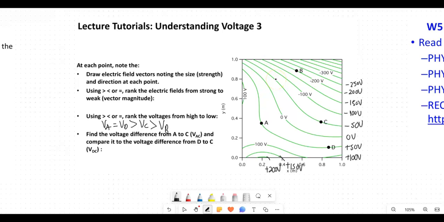So where do you think the slope is steepest? So if this was a mountain, okay, this would be nice and level, and then it looks like it's getting steeper and steeper and steeper and steeper and steeper underground. So where the voltage lines are closest together is where the slope is going to be the greatest, okay?